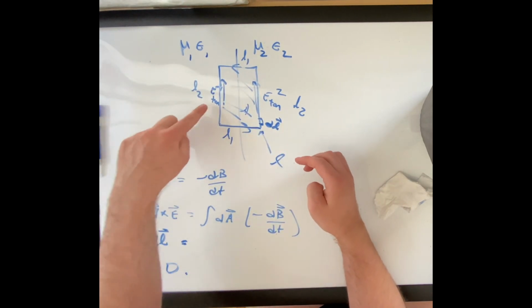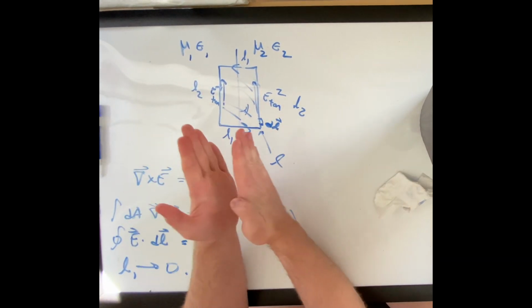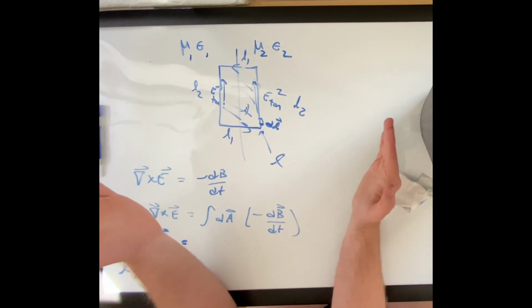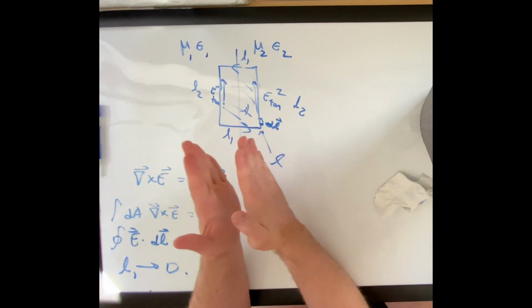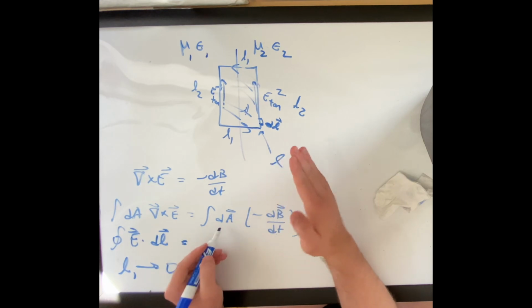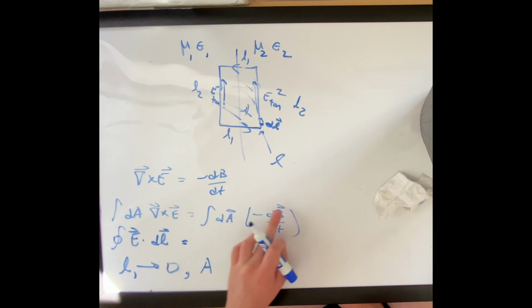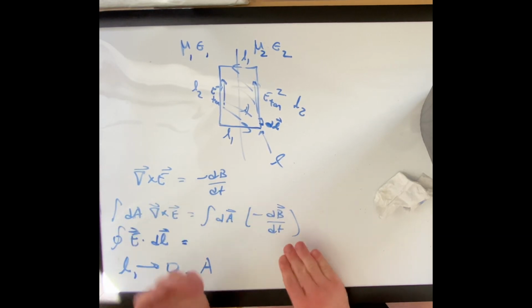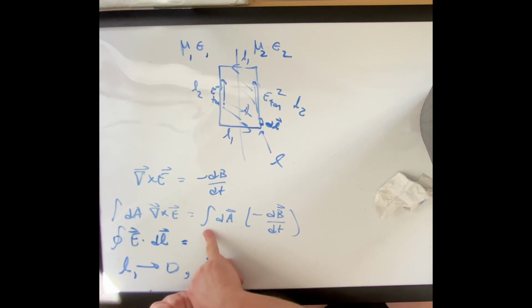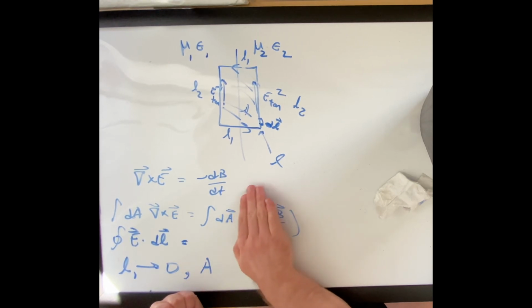All we care about is the tangential electric fields right at the surface. We don't actually want them away from the surface. So we want to take L1 to be 0, but if L1 goes to 0, what does that mean for the area? This doesn't depend on the area at all, right? This is just dB dt, whatever it's going to be. So this becomes the integral over the area of some constant.